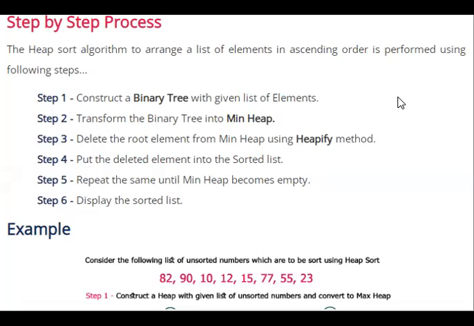In these steps, we transform the binary tree into a minimum heap and delete the root element from the minimum heap using the heapify method and put the deleted item into the sorted list. Then we repeat the same thing until the minimum heap becomes empty and display the sorted list.